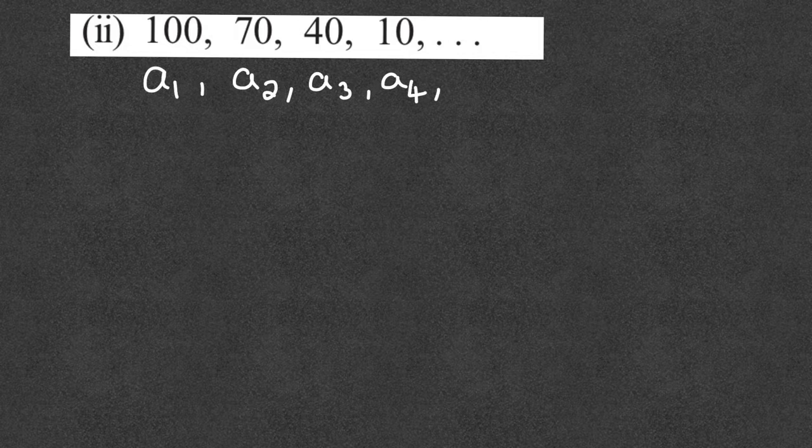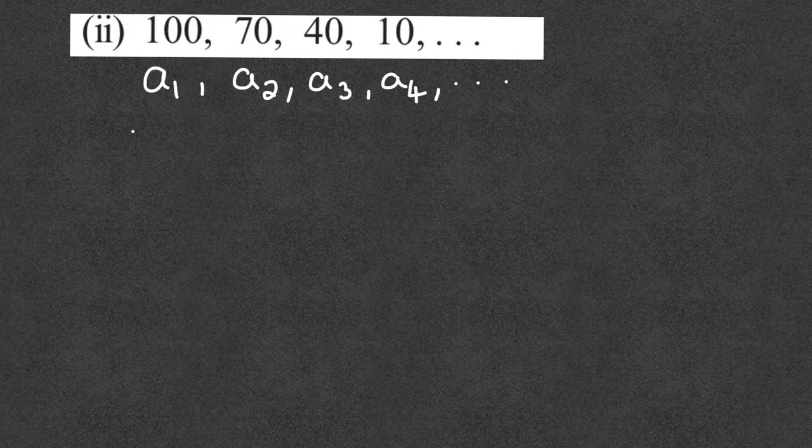Let us look at this list of numbers. Let us denote the first term as A1, the second term as A2, the third term as A3, the fourth term as A4 and so on. So the first term over here is A1.